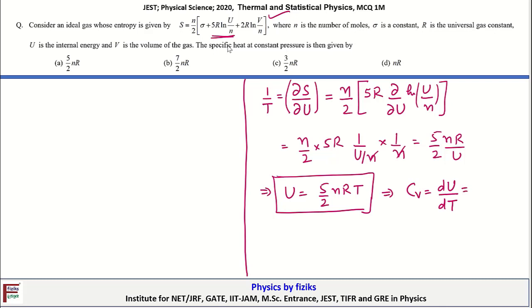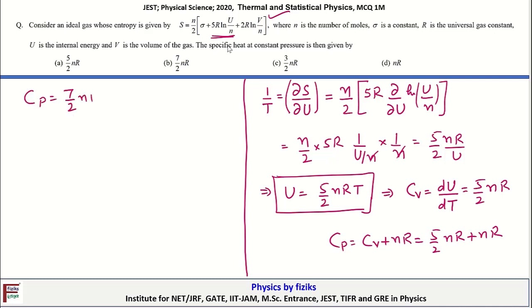From here we can obtain the expression for Cv, the heat capacity at constant volume, and that turns out to be equal to 5/2 NR, and therefore Cp will be Cv plus NR, that is 5/2 NR plus NR, so Cp is 7/2 NR. So therefore the specific heat at constant pressure is this, which is the correct answer. Option B is the correct one here.